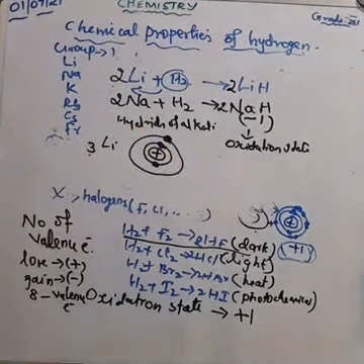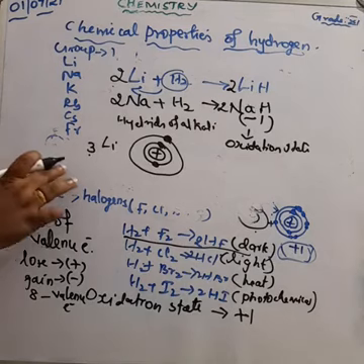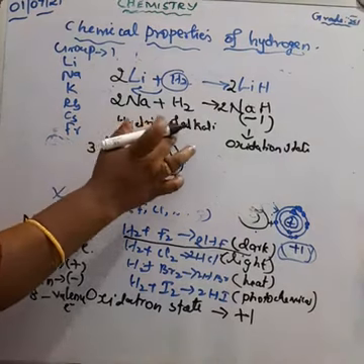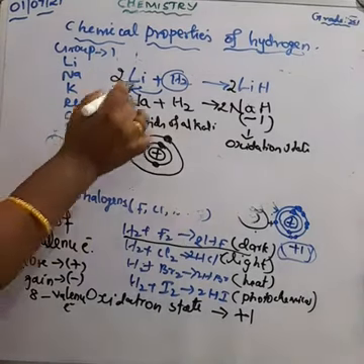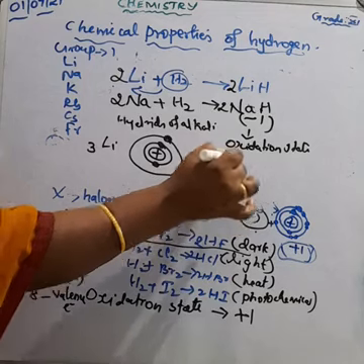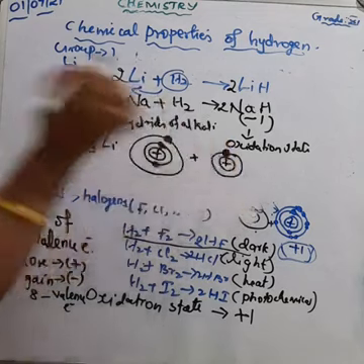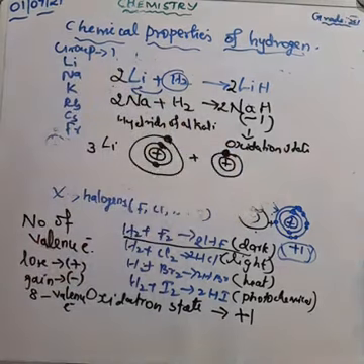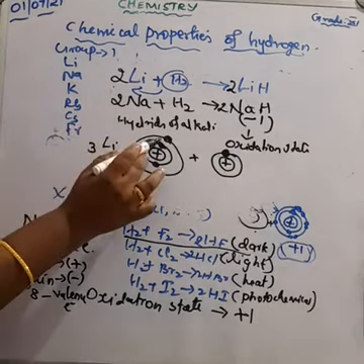So the lithium atom tries to lose this 1 electron to the hydrogen atom. Hydrogen, this is the nucleus, first shell, only 1 electron in the hydrogen atom. So the hydrogen atom gains 1 electron from the lithium atom.